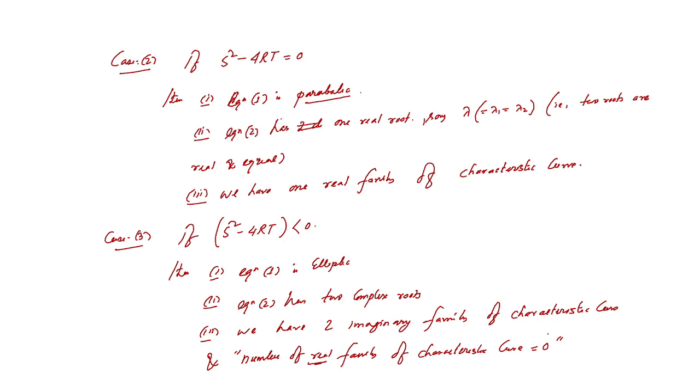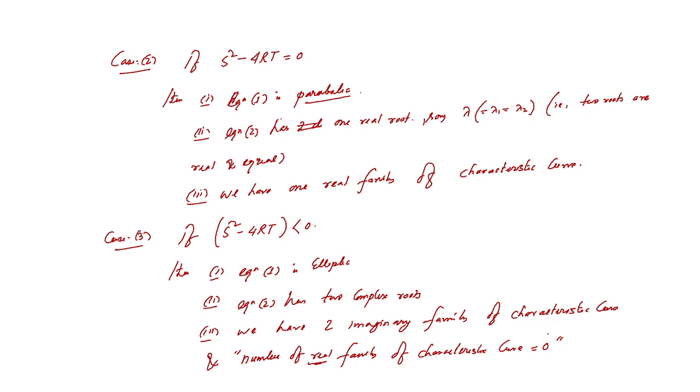So in that way we can classify whether it is parabolic, hyperbolic or elliptic, and conclude whether the characteristic roots are real or complex, and consequently how many real families of characteristic curve exist in each case.